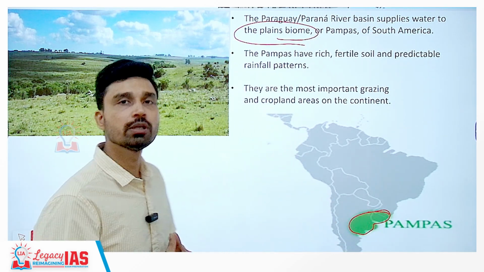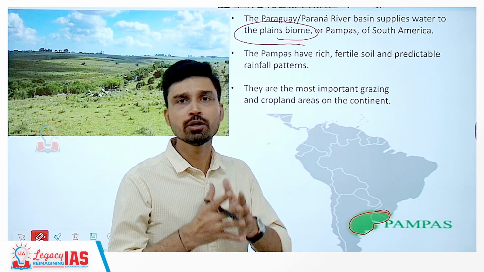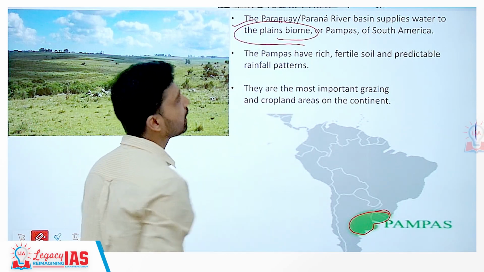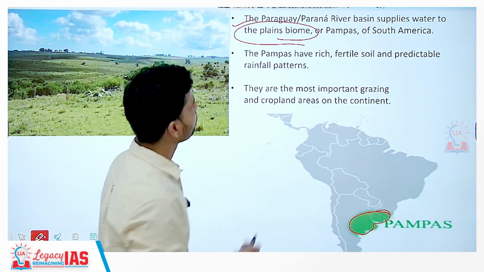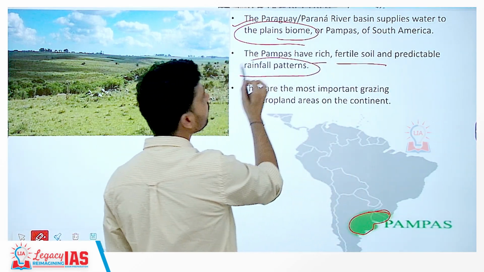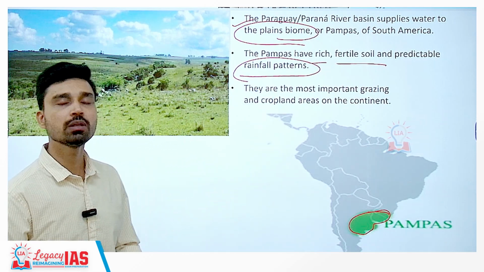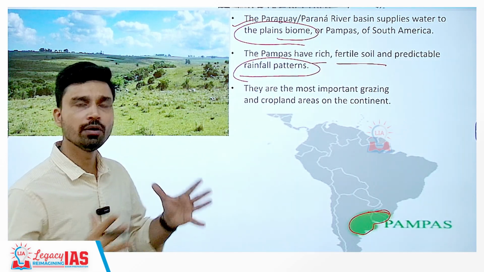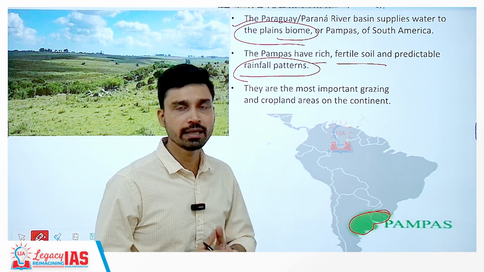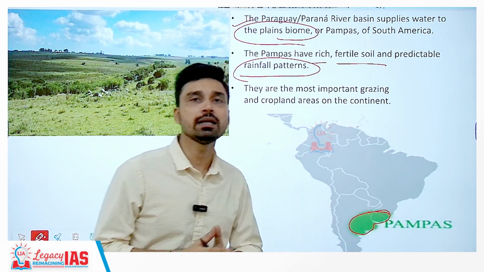The Llanos grassland, as we have discussed, is supported by the Orinoco river, while the Pampas grassland is supported by the Paraguay or Parana river. Pampas have rich fertile soil and predictable rainfall patterns that make it one of the most fertile regions. Most fertile means economically fertile, because cattle rearing and animal rearing activity generally happens here.